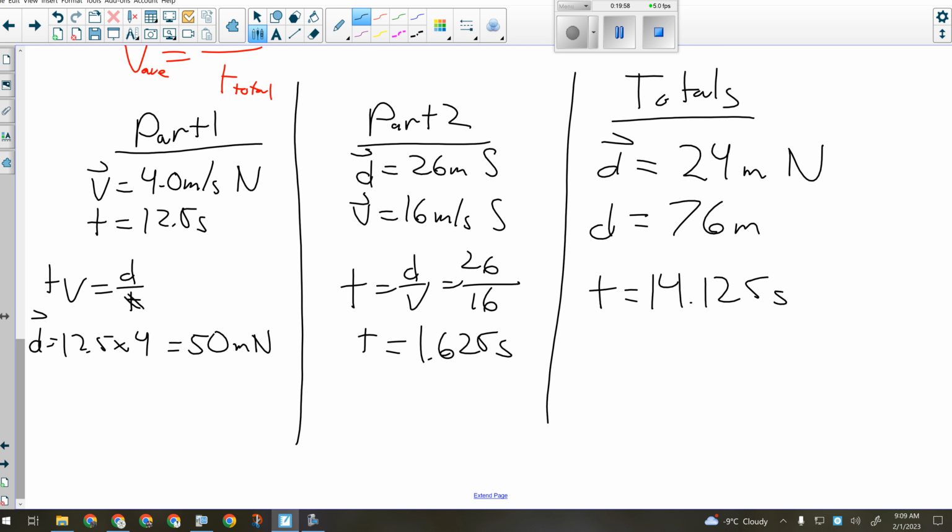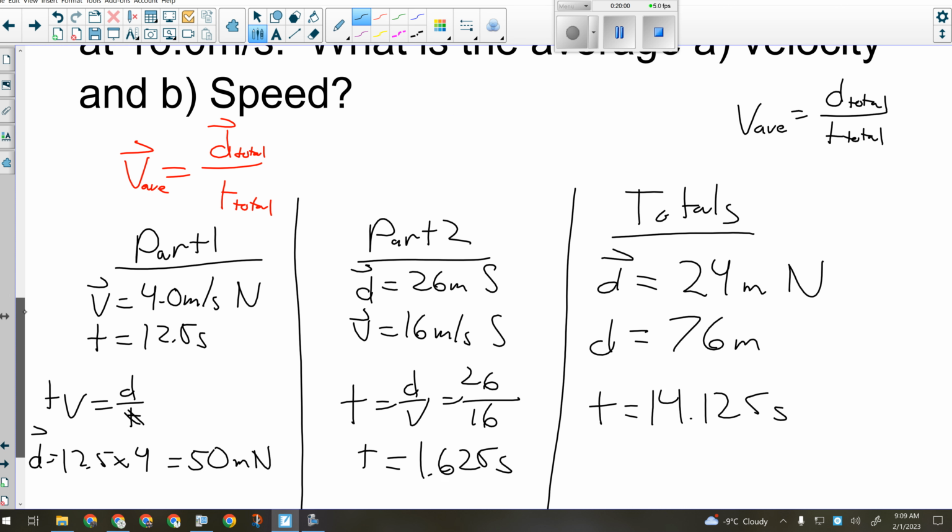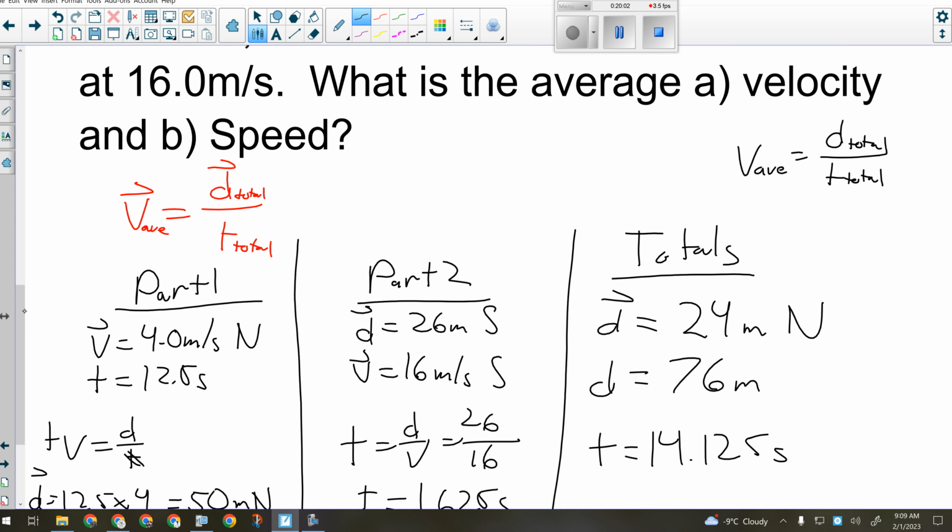Okay, so now I've got everything I need to use these two formulas. I can calculate the average velocity by going 24 meters north divided by 14.125 seconds.